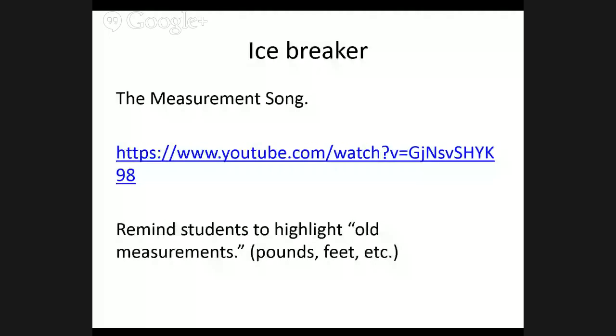Right, I'm going to play a measurement song just as a recap of what we've done in terms of measurement and your poster. And just a reminder, once again, to highlight to the children also the so-called old measurements, or what we would call the imperial measurements, and compare that and explain to them in terms of the metric system that we use. Sometimes children are given measurements and they're not defined as to which category they fall into, and that does confuse children quite a bit.